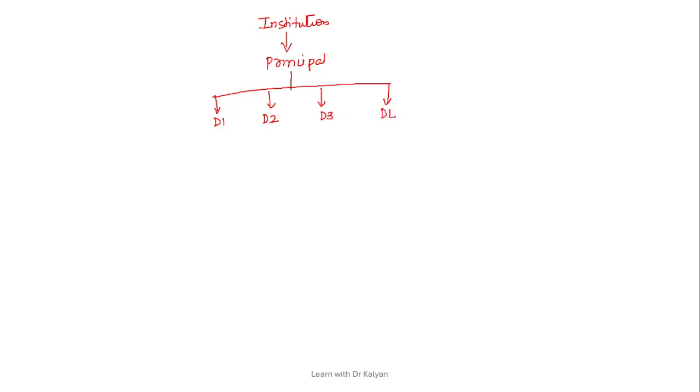For all these departments, there will be HODs, heads of the departments, HOD1, HOD2, likewise 3 and 4. These HODs will be directly reporting to the principal. Under HODs, there will be two categories of faculty working in the department: teaching faculty and non-teaching faculty.